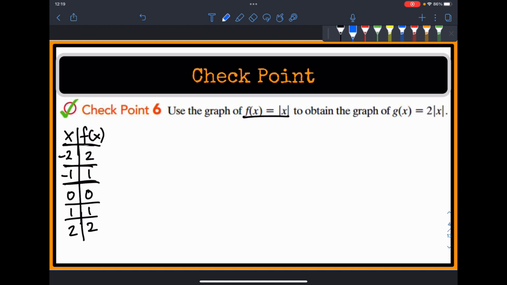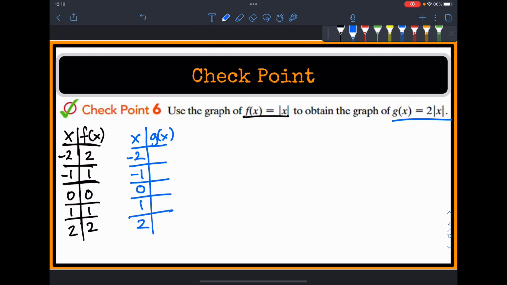Now, let's compare that with g. We already know from f that taking the absolute value of these numbers gives me this output. G is simply going to multiply those outputs now by 2.